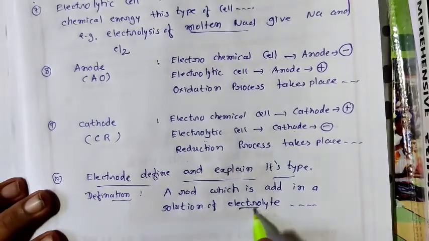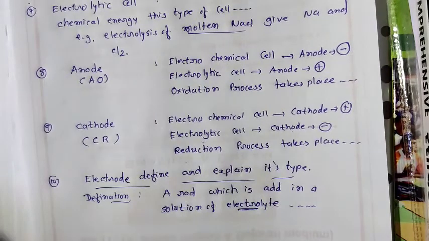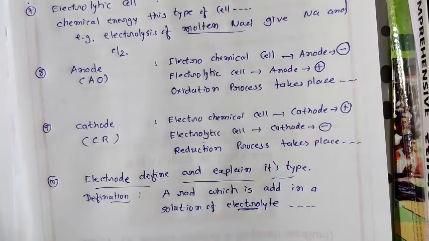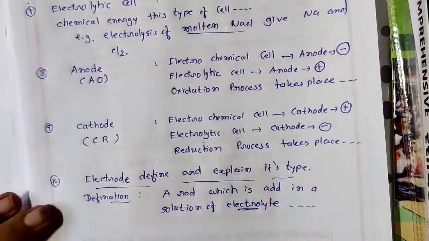What is an electrolyte? An electrolyte is a type of compound having positive and negative charge. So a rod which is added in a solution of electrolyte is known as an electrode.